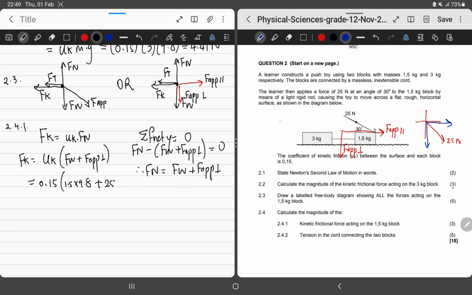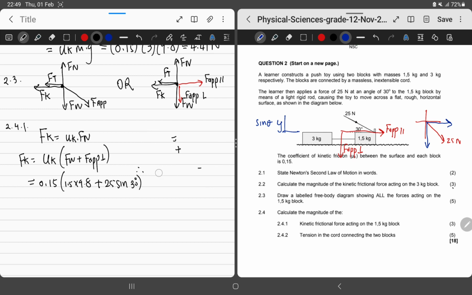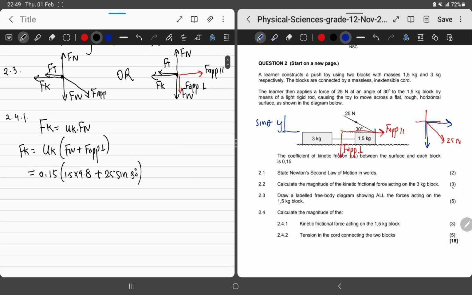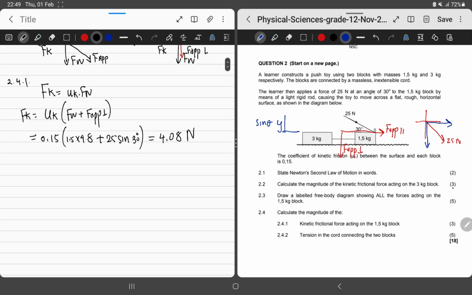When you use trigonometry, whatever is in your y is the sine of the angle, so this is sine of 30 degrees. 0.15 times 1.5 times 9.8 plus 25 sine 30. So I'm getting 4.08 newtons.